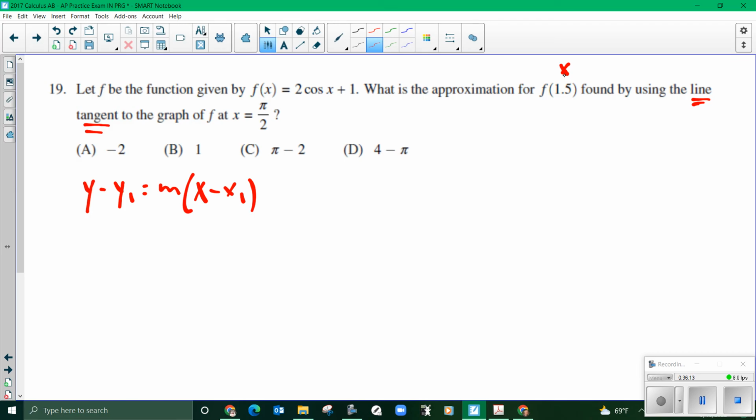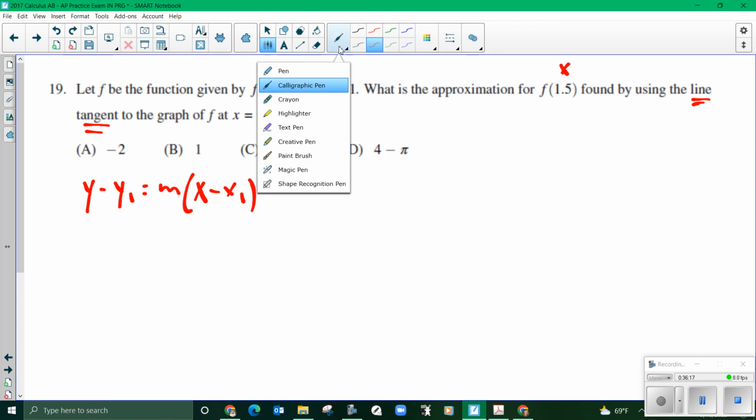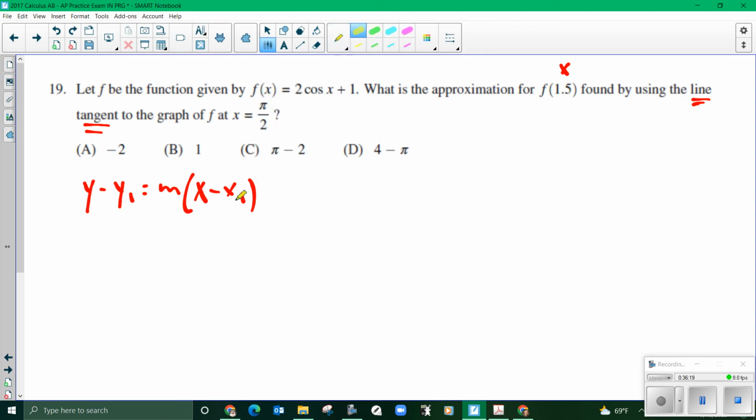Here's the deal. In order to get my line tangent, I need an x, which I have. I need a y, which I don't have, but I get that by throwing an x into the original equation. So this x is going to pop in here to give me my y.